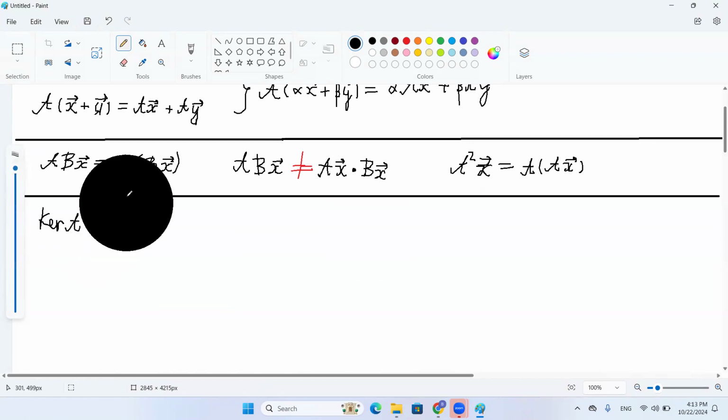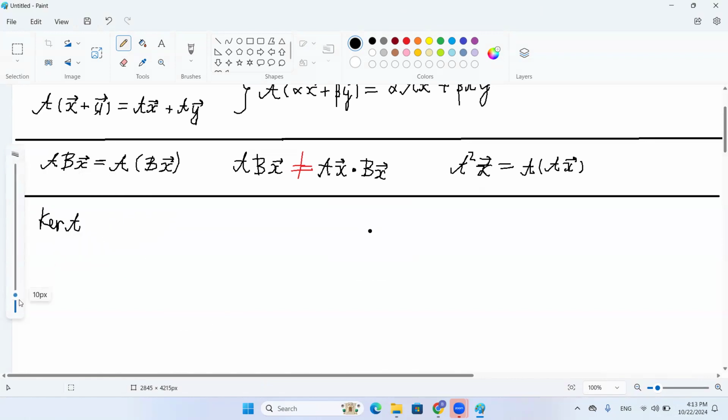Sophia? Kernel, it is the set of vectors for which operator A acting on the vector x equals 0. Yeah, it's correct.